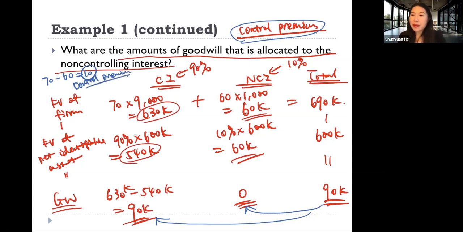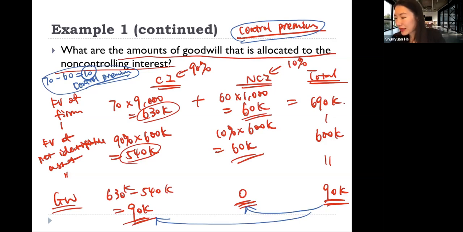Because it is paid by the parent to acquire the controlling interest, the assumption here is that all of that extra money paid should be regarded as goodwill for the parent.